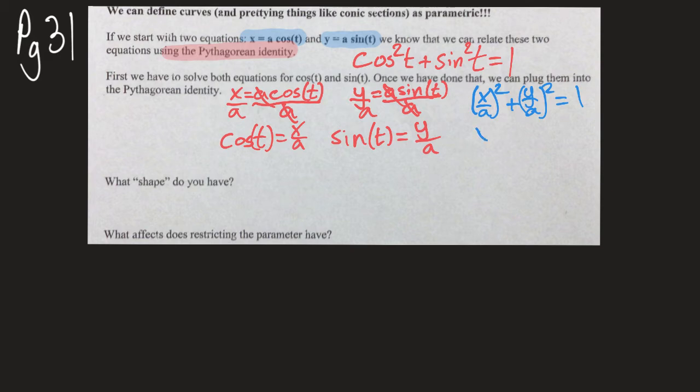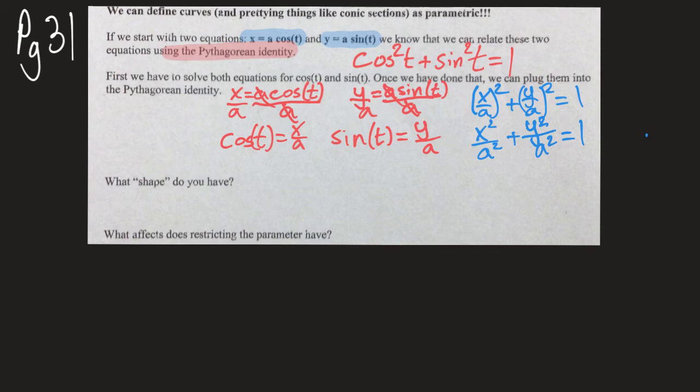We get x squared over a squared plus y squared over a squared equals 1. Now, this kind of looks like our ellipse equation, but instead of an a squared and a b squared, we just have a squared. In other words, a and b are the same.